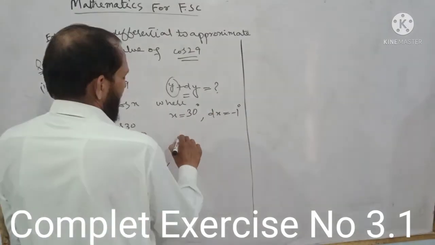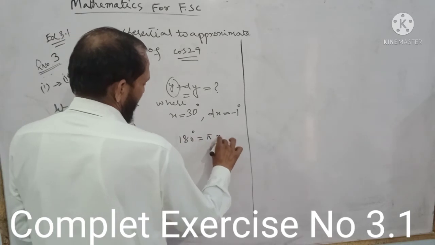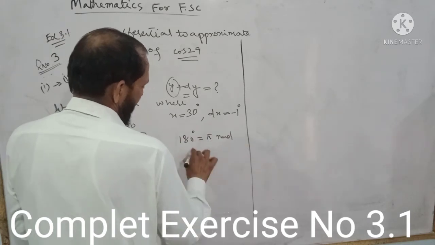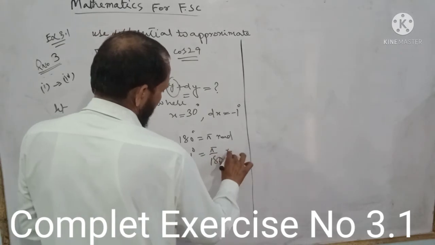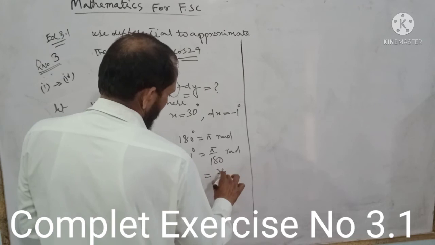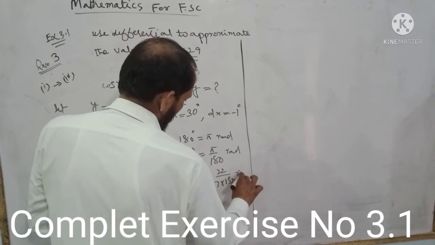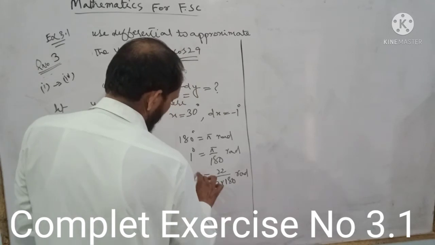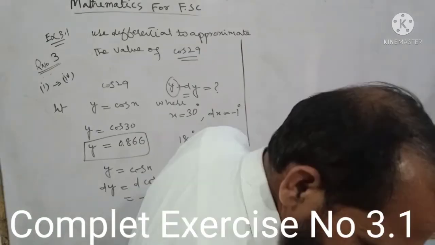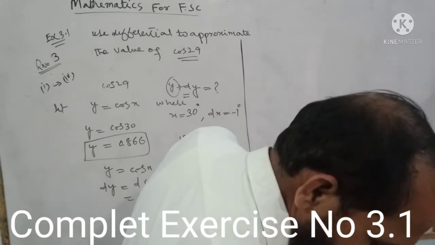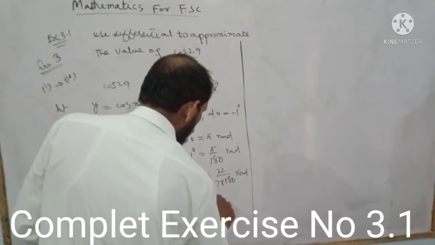We know that 180 degrees is equal to pi radians, so 1 degree is equal to pi over 180 radians. We have the final result that 1 degree is equal to 0.0173 radians.